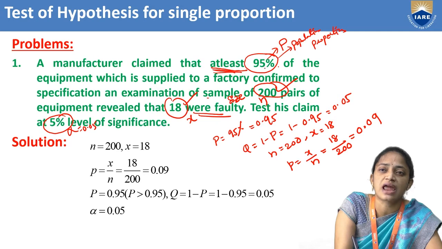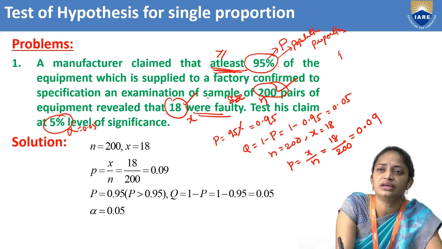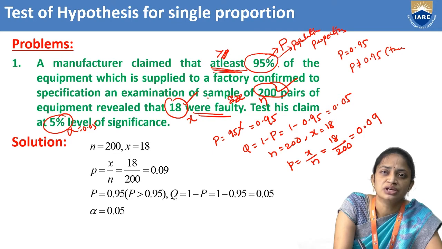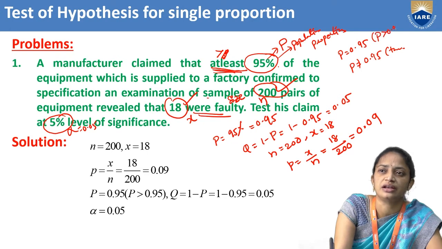So at least 95%. At least means, we know, greater than or equal to. If you take equal to 0.95, that means we can take not equal to 95, that is a two-tail test. But here I am focusing on greater than. So here I am taking the P value greater than 95.